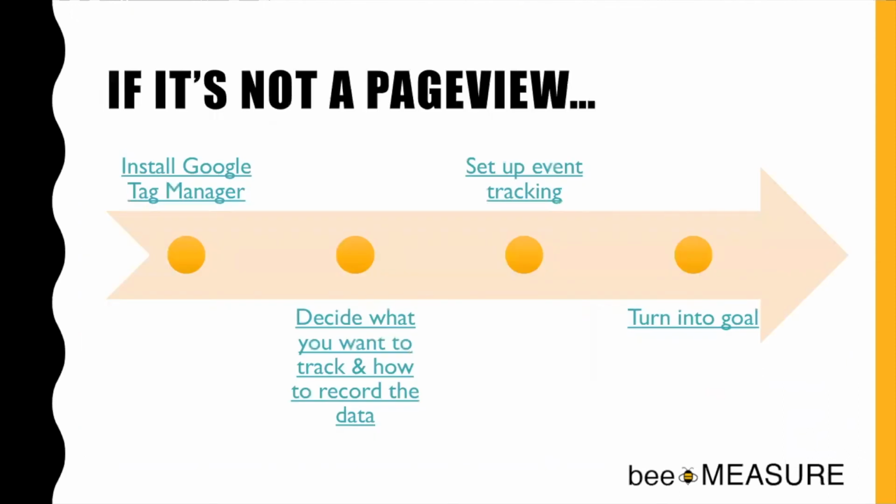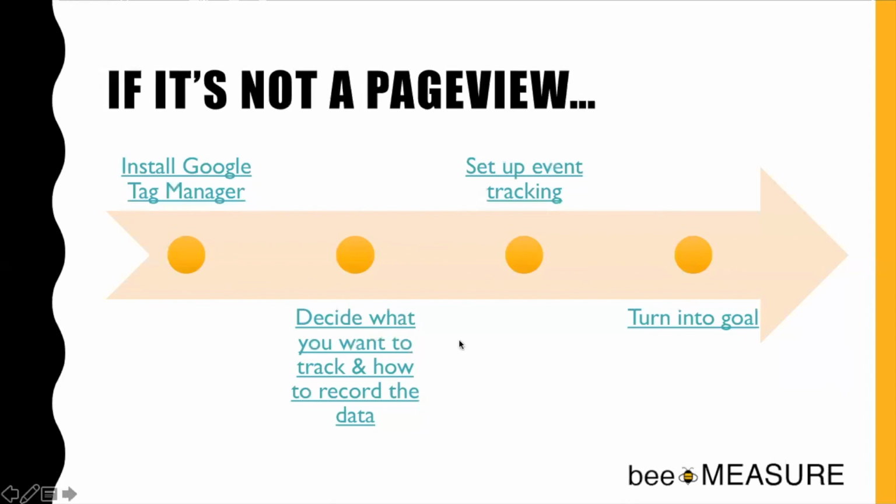All right, and then I mentioned that a lot of times your goals on your site are not a view of a page. They're going to be an action. So this is my quick little timeline about how you can get that up and running.